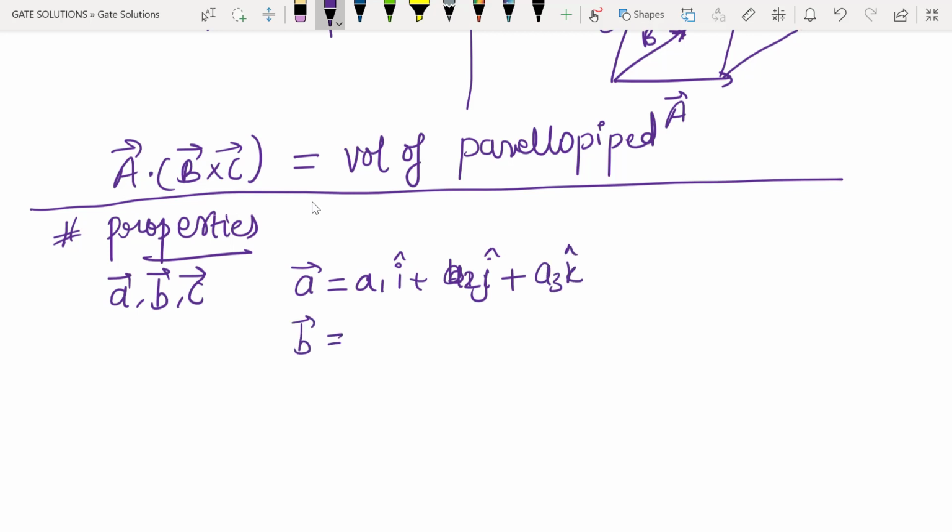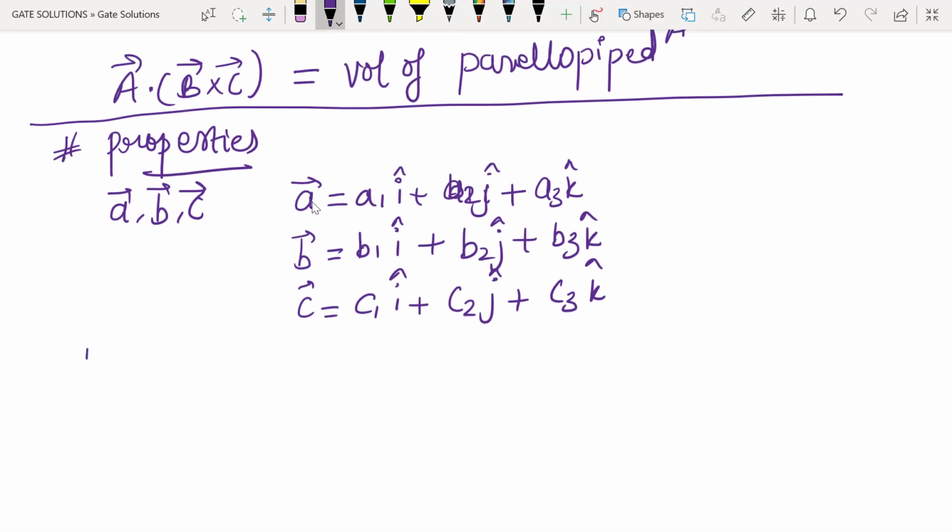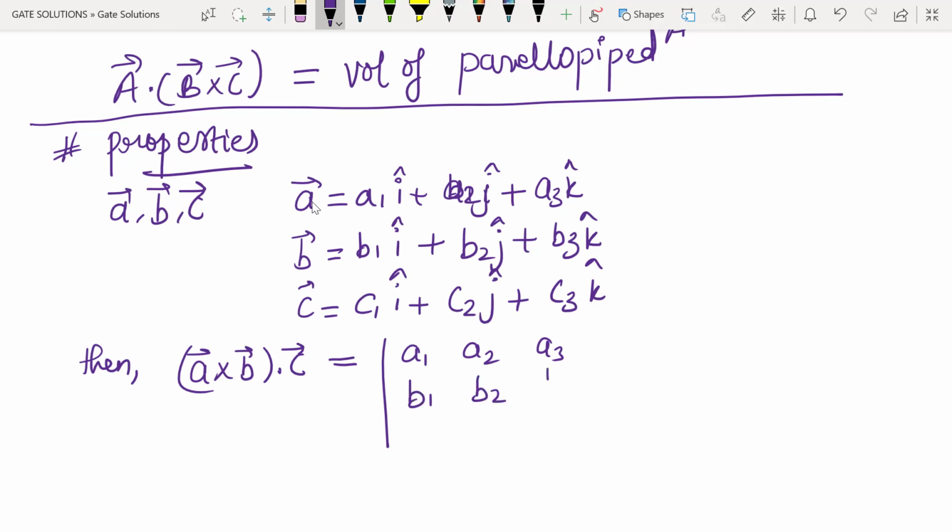Similarly, B vector is B1 i hat plus B2 j hat plus B3 k hat. C vector is C1 i hat plus C2 j hat plus C3 k hat. Then A cross B dot C is equal to the determinant of A1, A2, A3, B1, B2, B3, C1, C2, C3.